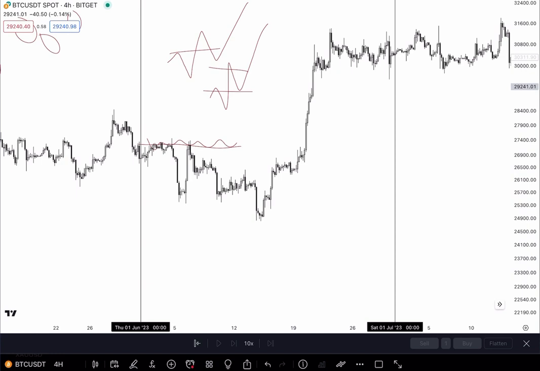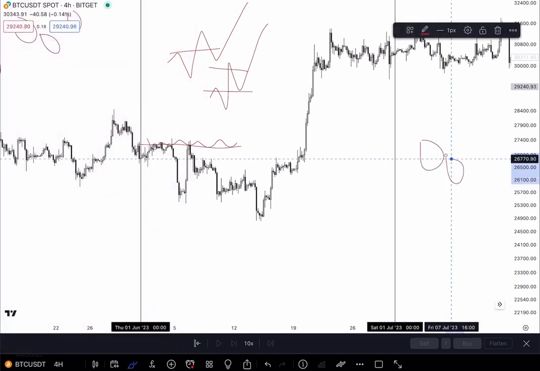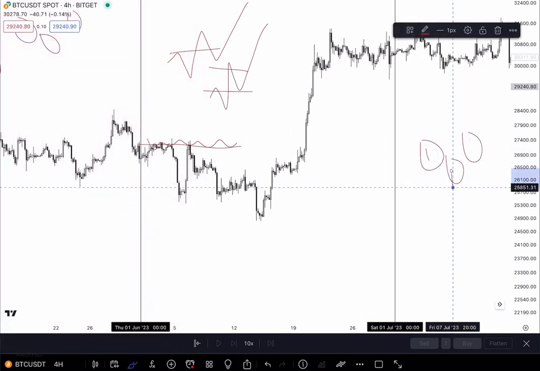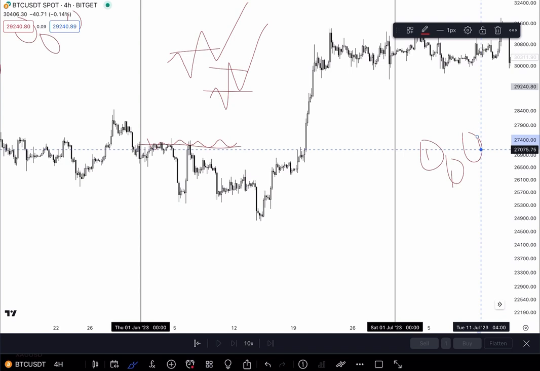Now, the time has come for me to show an even deeper understanding of this accumulation, manipulation, distribution, which I just mentioned. The higher time frame candle being divided into sections, right?